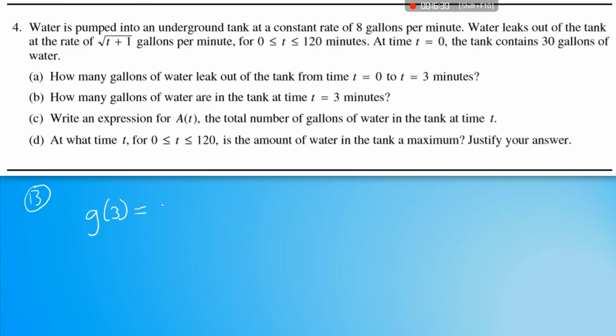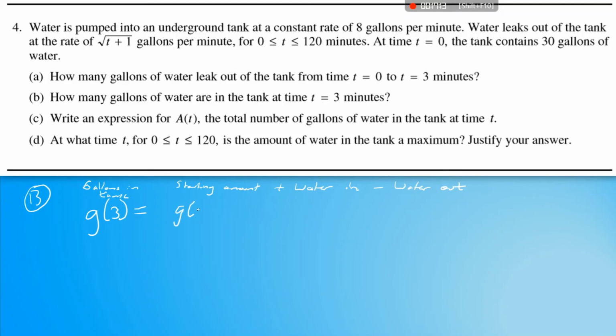Okay, so 30. So my starting amount was 30.